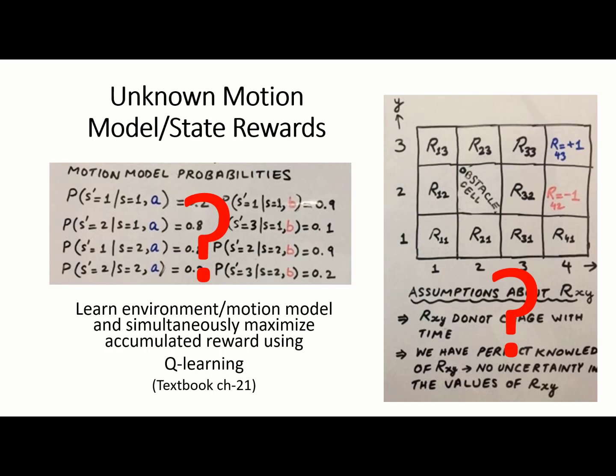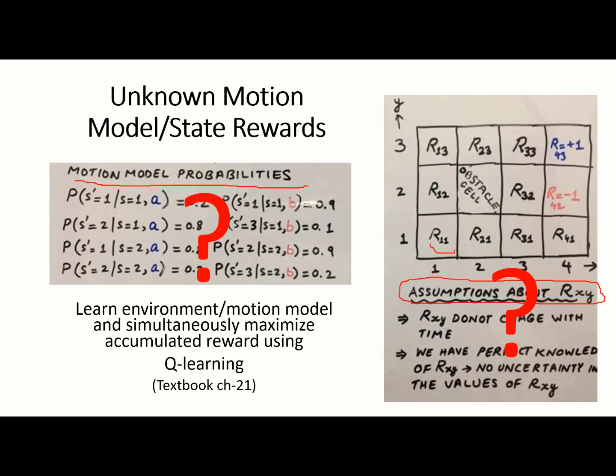Finally, a few words on Q-learning. Throughout our lecture, we have assumed that we know precisely the robot motion model probabilities. And we said in the very beginning that we have complete knowledge about the environment rewards that the robot earns as it goes from one cell to another, or the rewards associated with each state or grid cell.